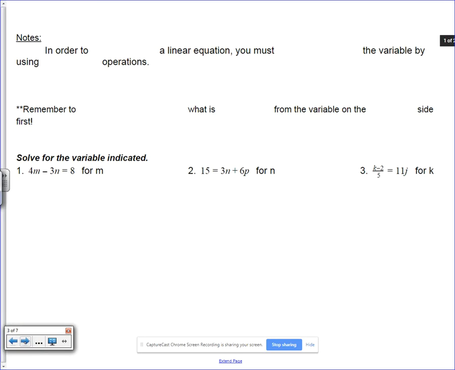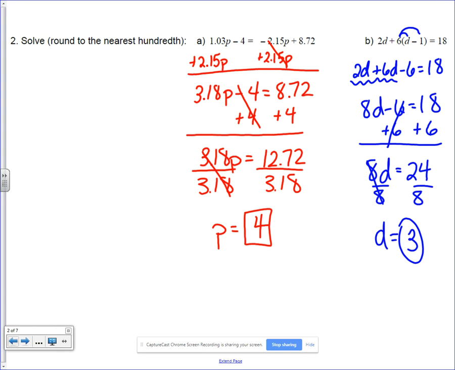All right, so tell me. Help me fill in these blanks. In order to solve a linear equation, you must blank the variable. No? How did we solve? What did we do here?